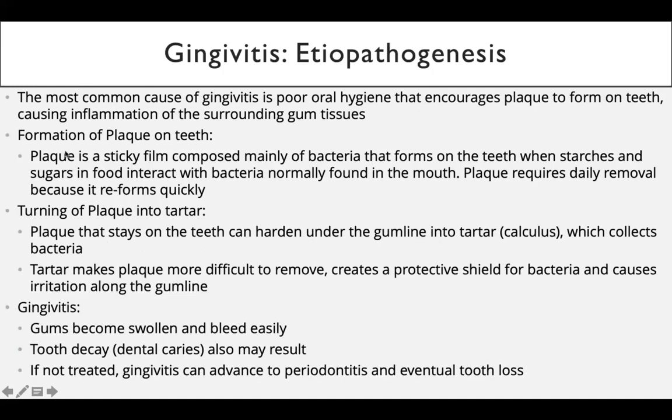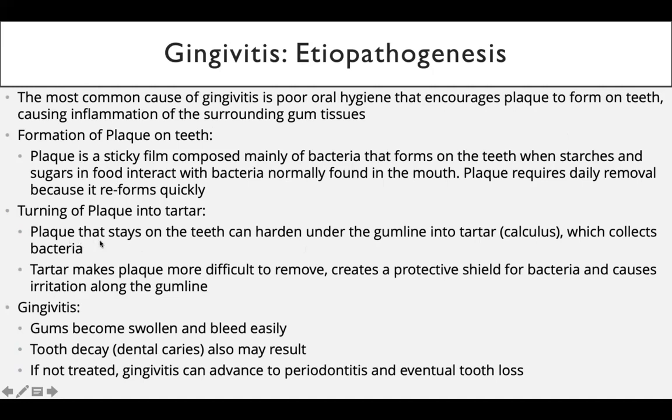So plaque was formed by the degradation by the bacteria of what substances? Of the starches and sugars in the food. Then they release some acid and plaque is formed. Once plaque is there, it stays on the teeth for a long time. Then it changes into a hard substance under the gum line known as tartar or calculus, which collects further bacteria.